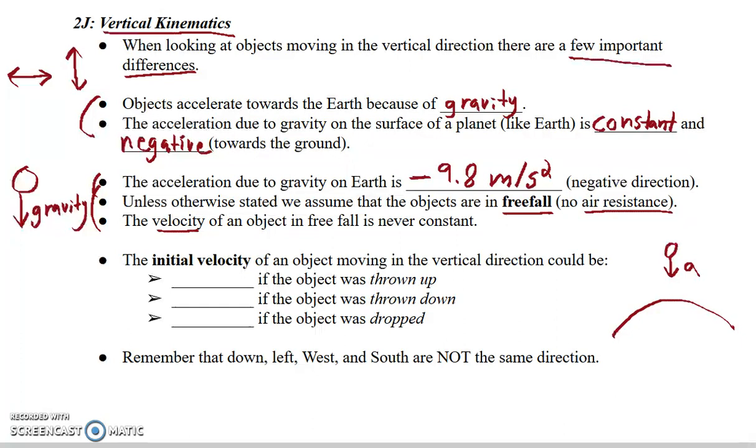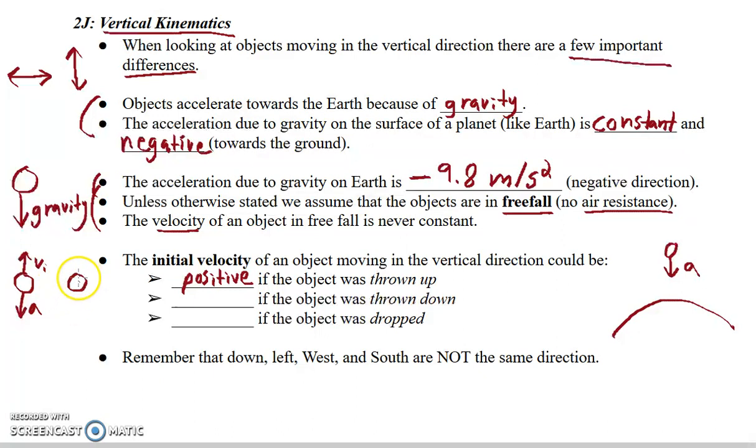Those are the situations we're going to look at. If you throw an object up, its initial velocity is positive, because that's the positive direction. Its acceleration is still negative, because it's always the Earth pulling it down.